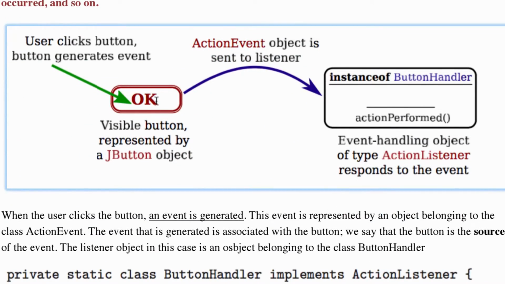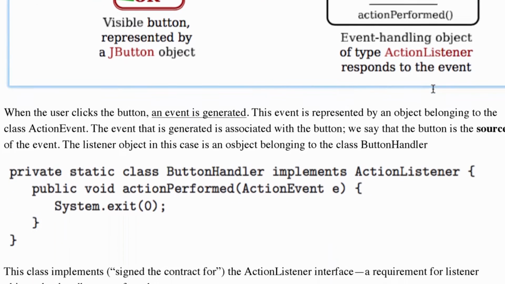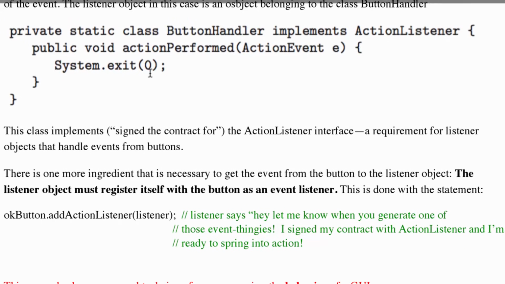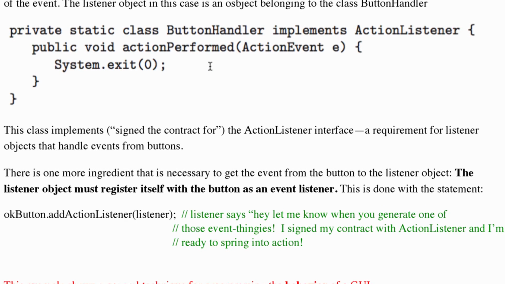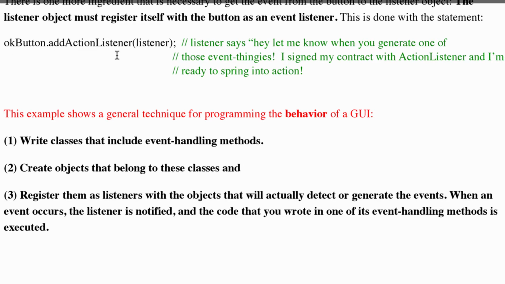Like me clicking on this button, it's going to generate the event, and we program what would happen when they click on OK. Again, this will be more in the future, but I just wanted to get you exposed to this idea now. Here's an example of that. You don't have to worry about all the details yet. But we would have to do things like registering the listener, like, okay, this is my listener, it's going to listen on this OK button here.